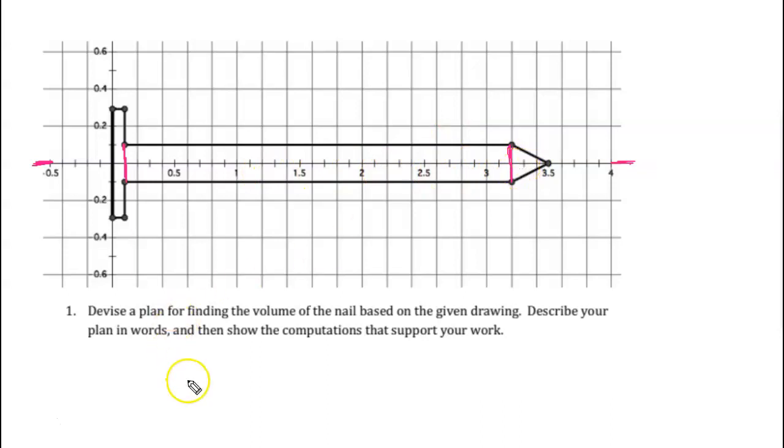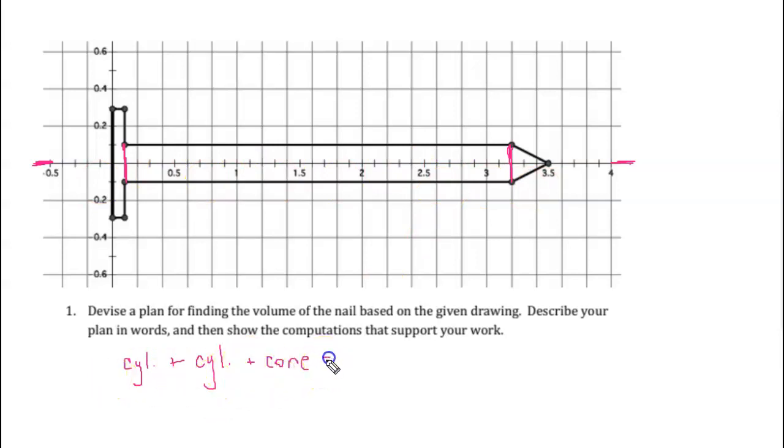So if I was going to devise a plan for finding the volume of this nail, I'm going to find the volume of the first cylinder, the skinny little top of the nail, the head of the nail, the second cylinder, which is kind of the shaft of the nail, and then that cone at the end, which is the point of the nail.